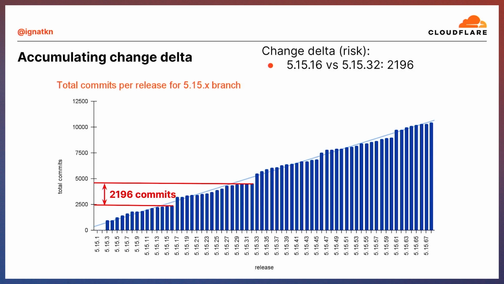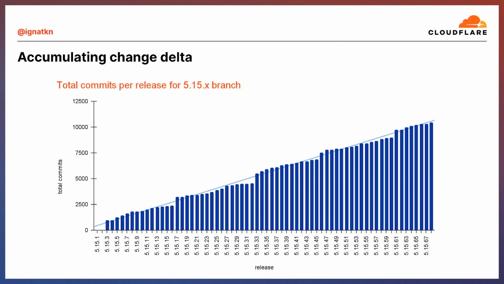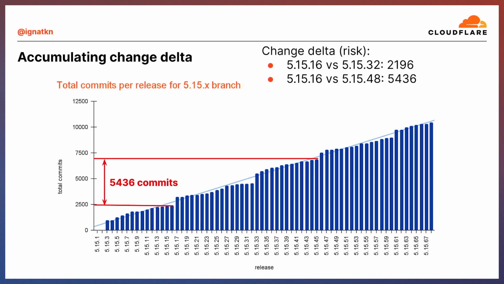And because releases are mostly regular, weekly, when you again decided to upgrade, you're upgrading from 5.15.16 to 5.15.48, and now your change delta is 436 commits.